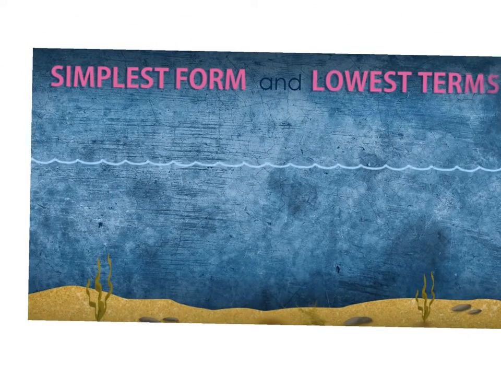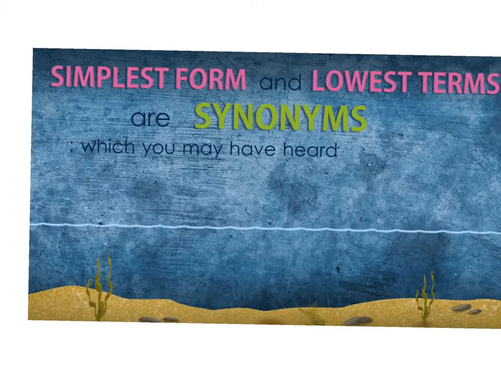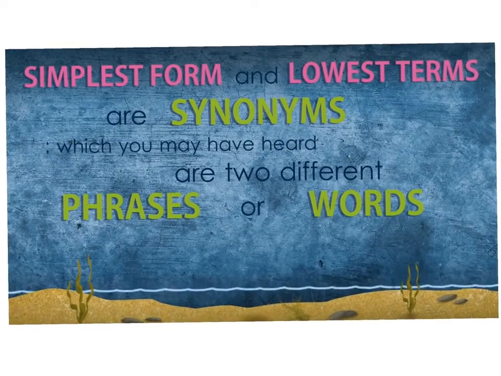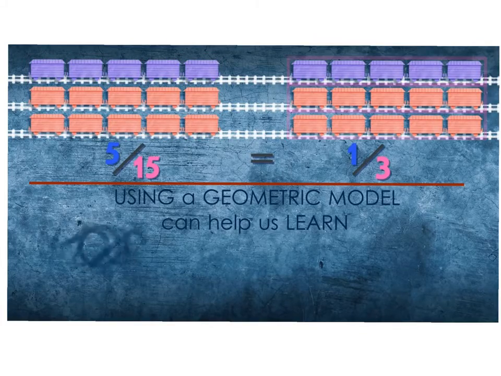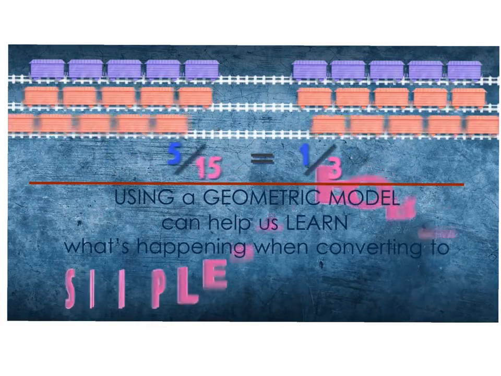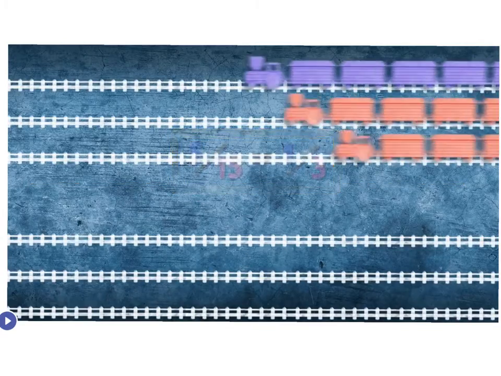Simplest form and lowest terms are synonyms, which you may have heard are two different phrases or words. Their definitions are uniform. Using a geometric model can help us learn what's happening when converting to simplest form. A rectangle shows 5/15.